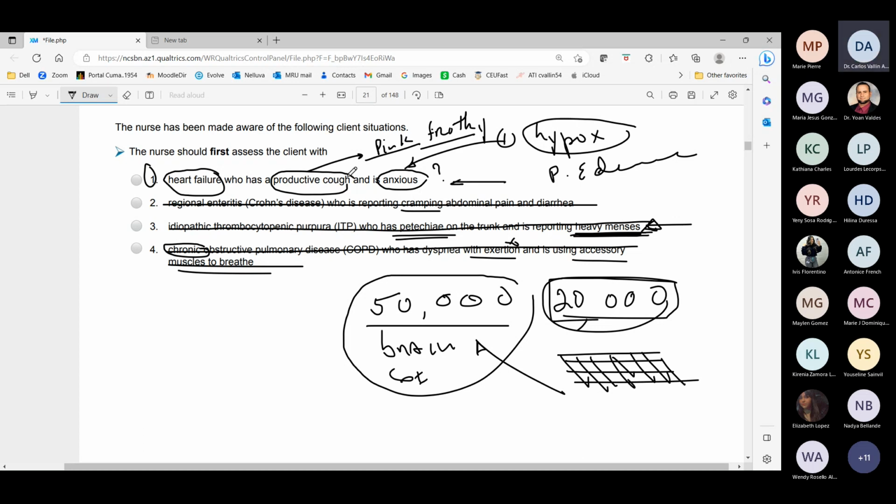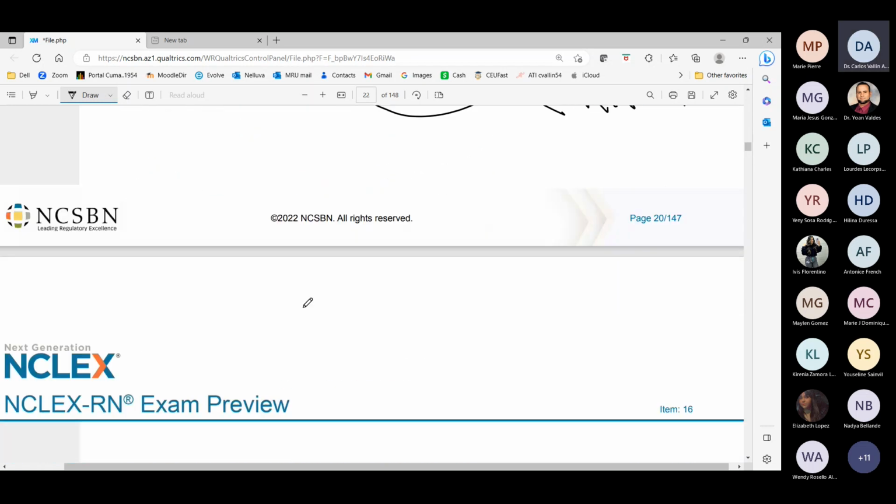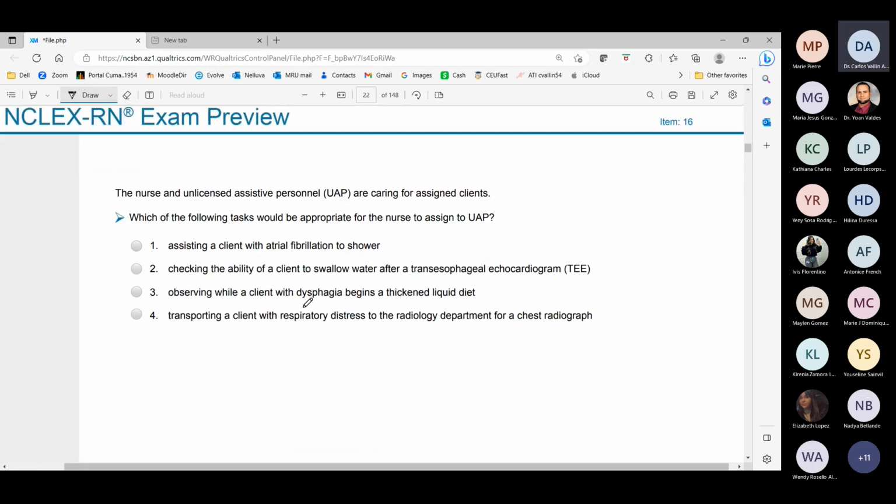So the client that you should see first, the client you should auscultate first, the client that you should assess first for ABC, the B of ABC, breathing, is number one, because it is a client that could possibly be having a pulmonary edema. The other clients could be attended to, but are not the priority. The priority is this, for ABCs. If you don't agree, talk to me, okay?